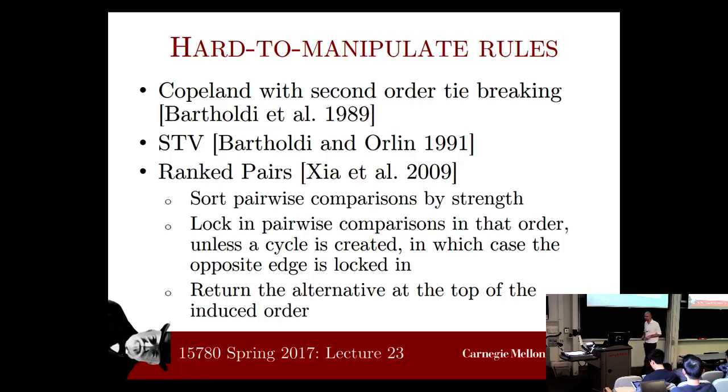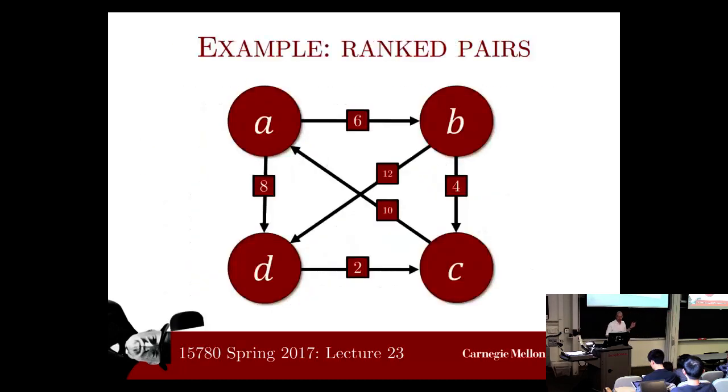So let me show you an example. Let's say that the numbers on the edges are the results from the pairwise comparisons between the alternatives. So this, for example, says if you look at the number of voters that prefer A to B versus the number of voters that prefer B to A, the first number is larger by 6 than the second number. Okay, so the difference is 6.